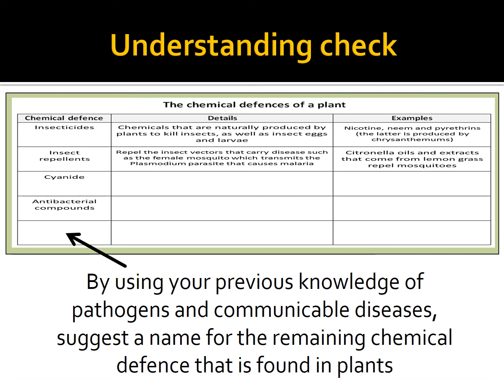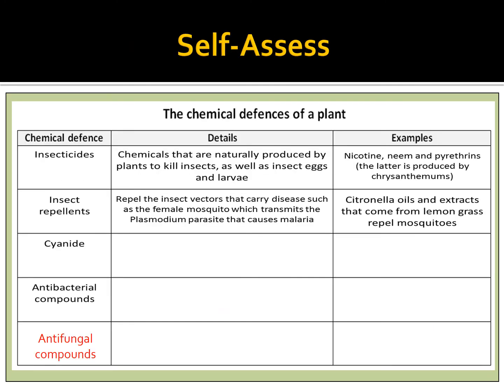Based on other communicable diseases, another chemical defense you can find in plants is antifungal, not antibacterial, not antiviral. So some plants produce cyanide, some produce antibacterial compounds, and some produce antifungal compounds. All of these are ways that plants defend themselves.